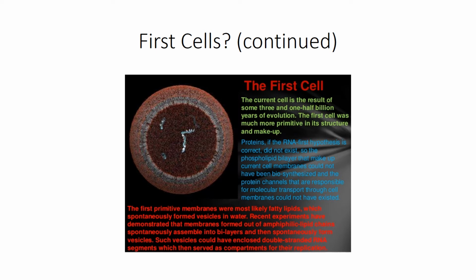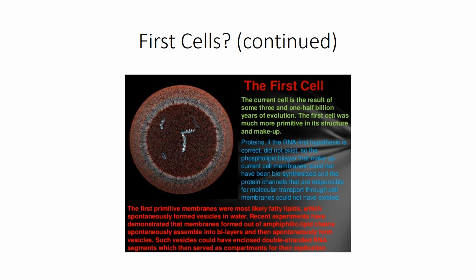It uses these proteins for various purposes, and it replicates. And this says that the first primitive membranes were most likely fatty lipids, so simply lipids, which spontaneously formed vesicles in water.